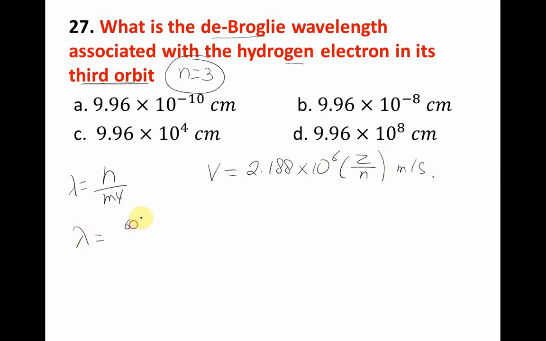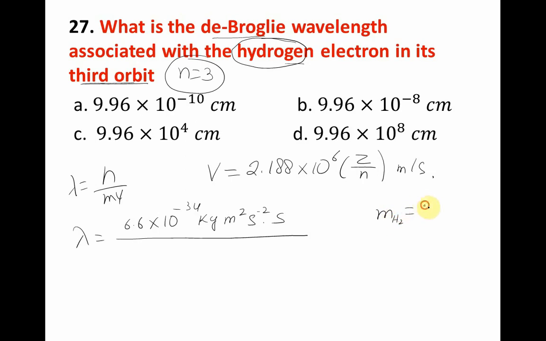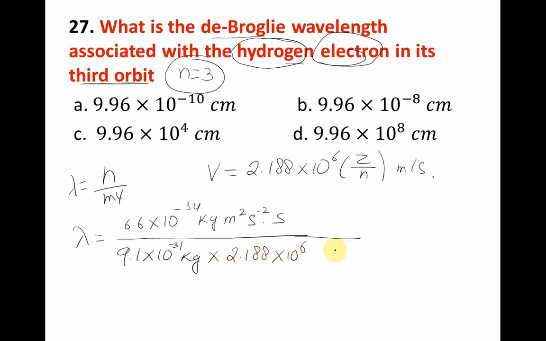Therefore lambda is equal to h, which is 6.6 into 10 to the power of minus 34 kg meter square per second, divided by the mass. Since they have given a hydrogen electron, the mass of the electron is 9.1 into 10 to the power of minus 31 kg, into velocity 2.188 into 10 to the power of 6.